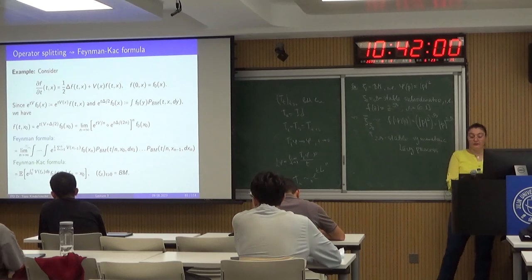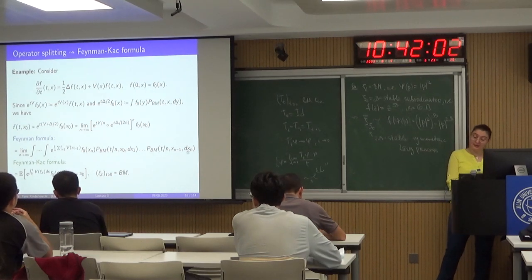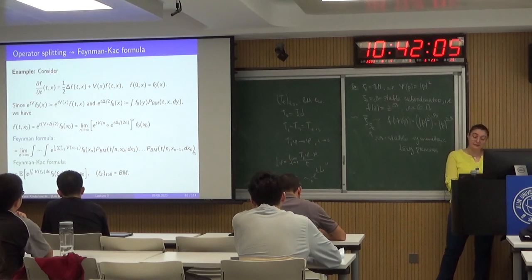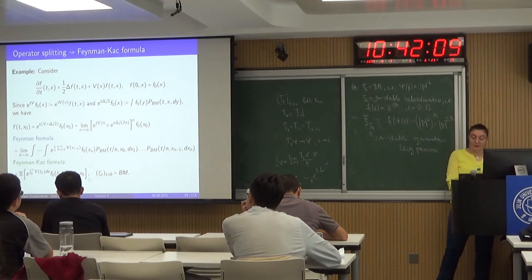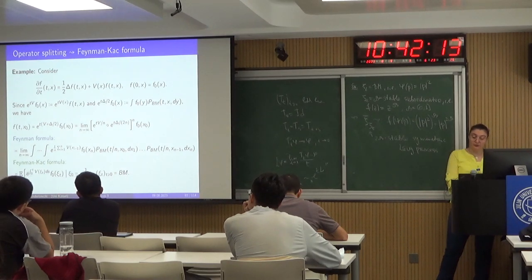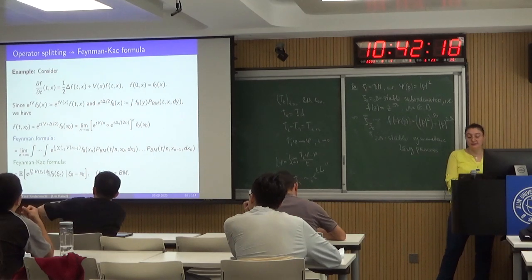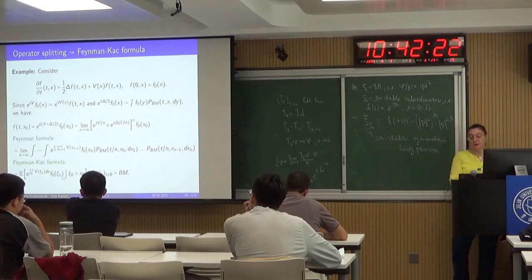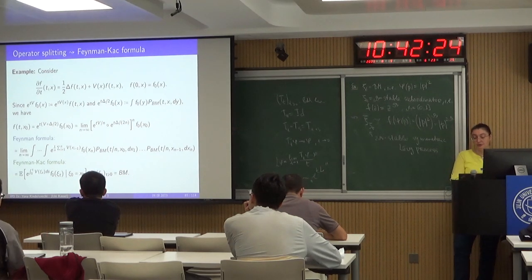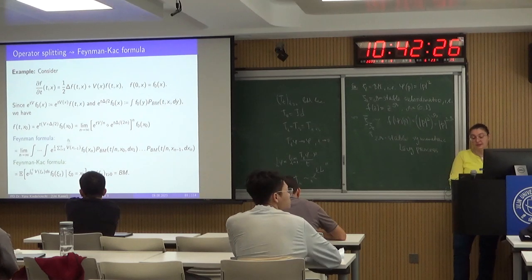One can show that this limit of iterated integrals coincides with the following expectation: we have our Brownian motion process, and e to the power of the integral from 0 to t of the potential of psi_s ds, applied to the function at point psi_t. We start the Brownian motion at point x0, exactly this point here.